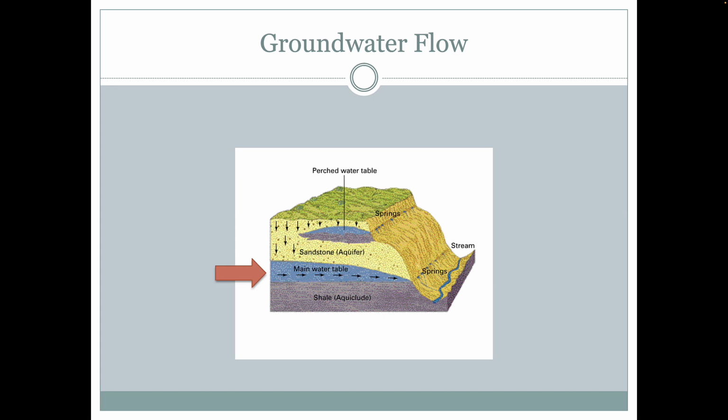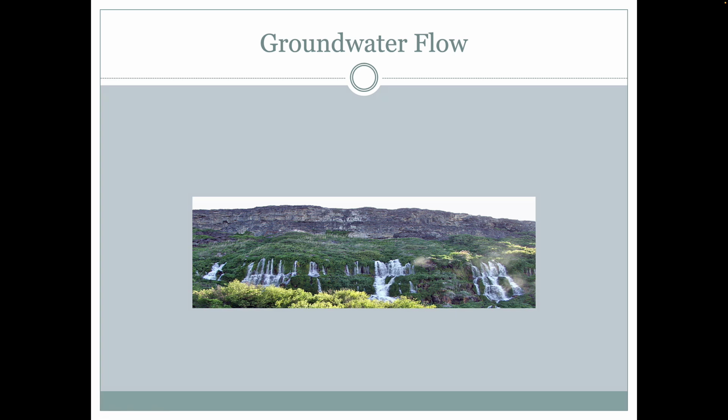And sometimes we can have more of a volume of water doing that. In this example here, if we have a main water table, a much more regional water table that also has an aquitard below it or an impermeable layer, then we would have a much larger volume of water coming out of the ground. This is Mini Miller Springs, which are along the Snake River in Idaho. And here we can see where that layer is in the ground. It's where all of this flow begins.